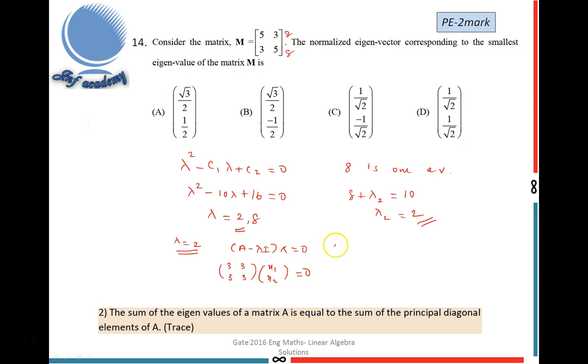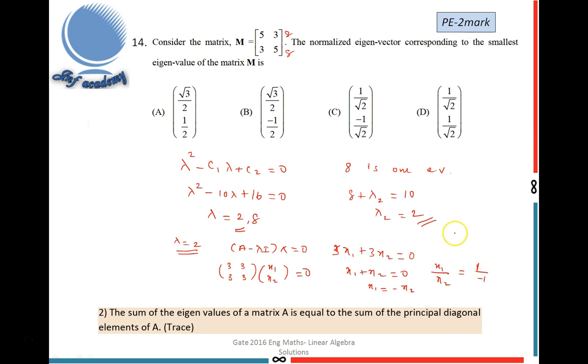Multiplying, we get one equation, 3x1 plus 3x2 equals 0. The other equation is the same, so I write only one. Cancel 3: x1 plus x2 equals 0, so x1 equals minus x2. So x1 by x2 equals 1 by minus 1.